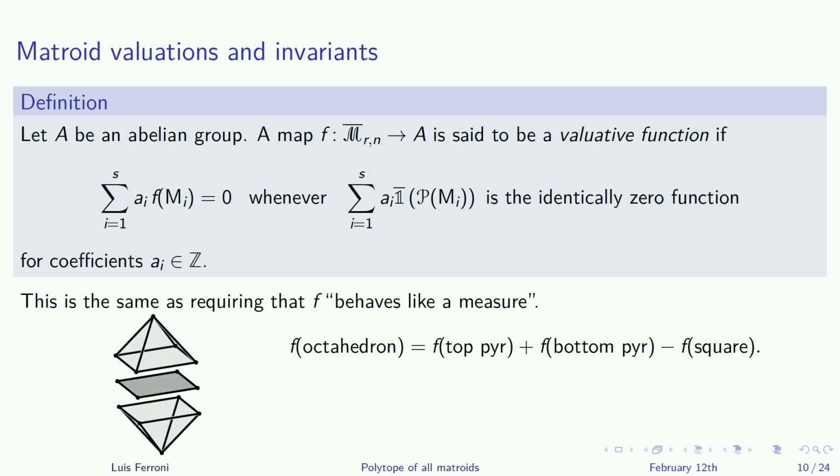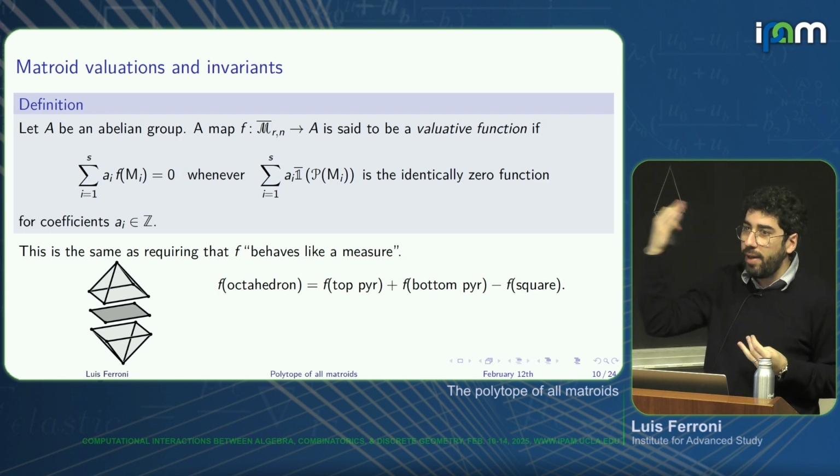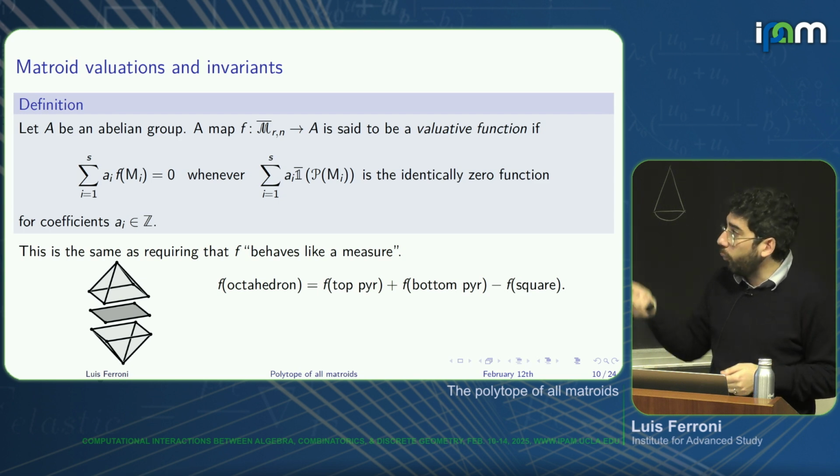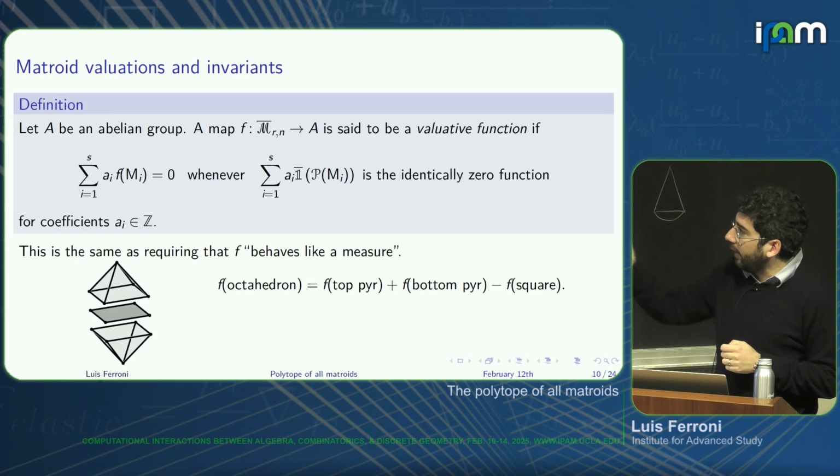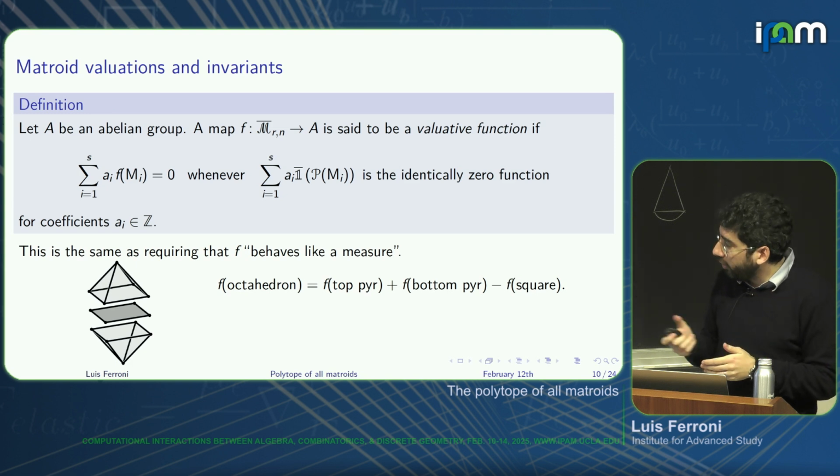We will say that a map taking a matroid and returning one element of this abelian group is a valuative function if, whenever an integer combination of indicator functions is the identically 0 function, then the corresponding combination, replacing the indicator of P_M by just f of M, is 0 in the abelian group. So what I am asking is that my function f factors through the indicator functions with the overline, and this is to be a valuative function.